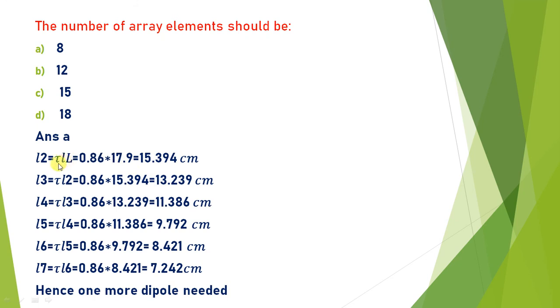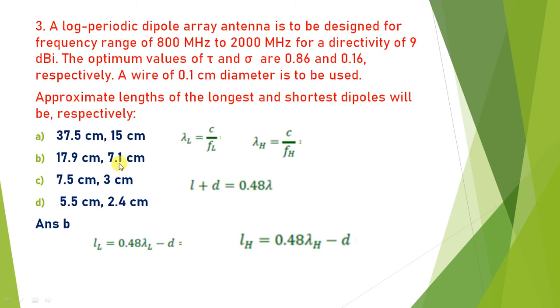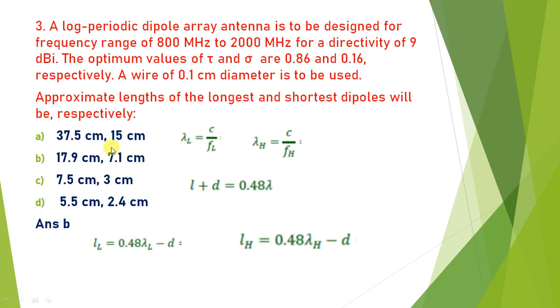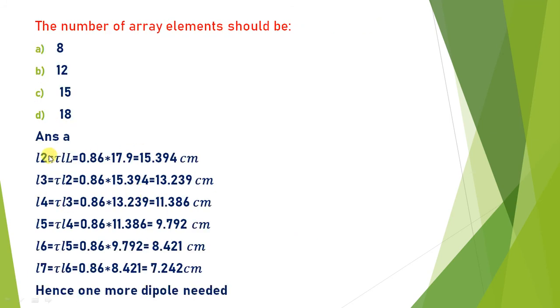If you calculate L7, you will get 7.242, which is definitely greater than this. If you find L8, this value must be less than 7.1. That means you have a total of 8 lengths, which is equal to 8 elements. So the answer is 8.